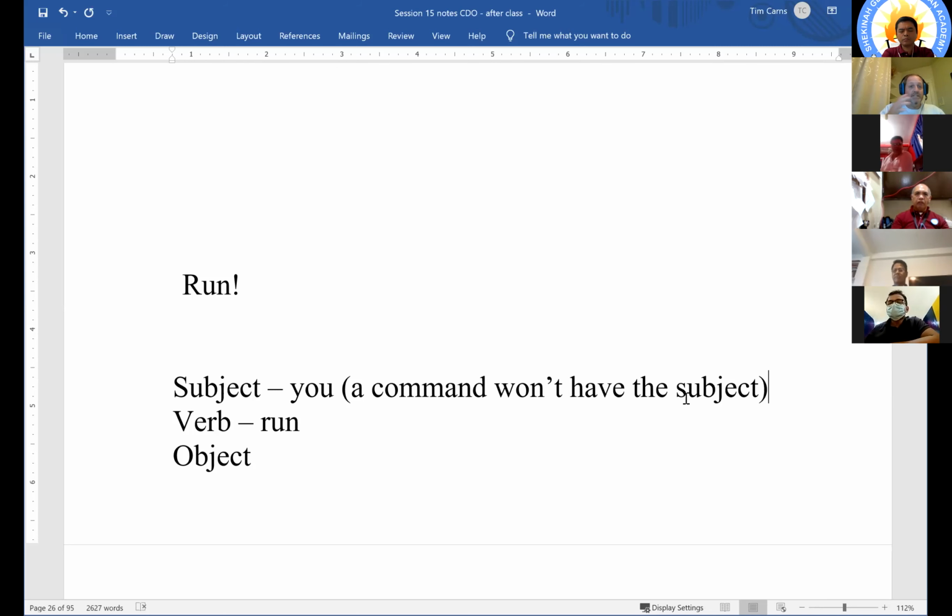Okay? So in this case, it's kind of interesting. We have a one-word sentence, and it forms a complete thought. There is no object here, though, right? Nothing is receiving the action. So again, a sentence does not have to have an object. Many do, but they don't have to.